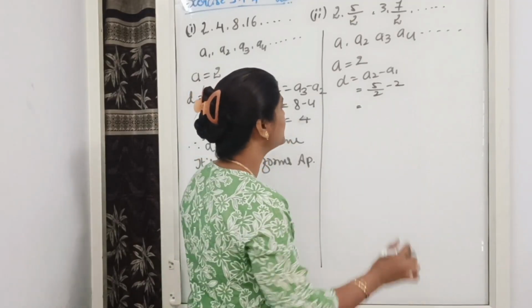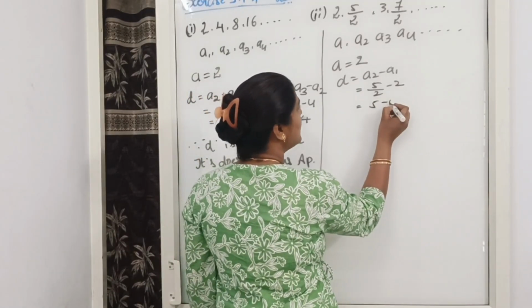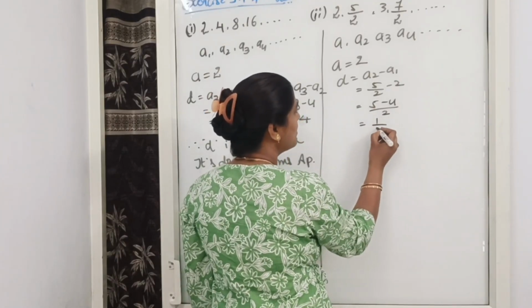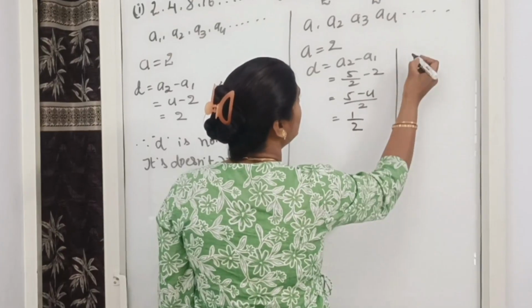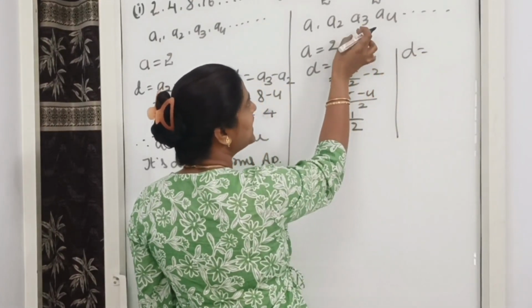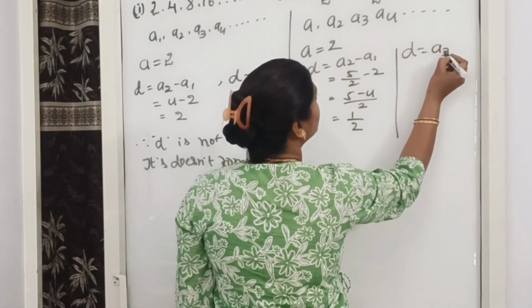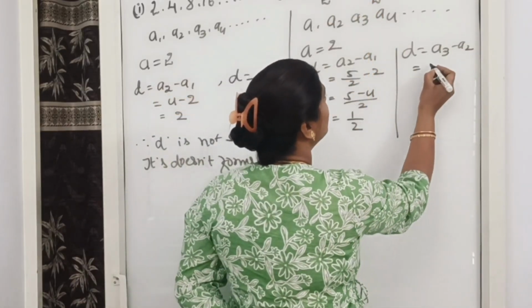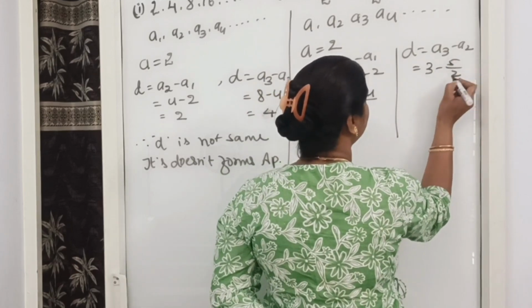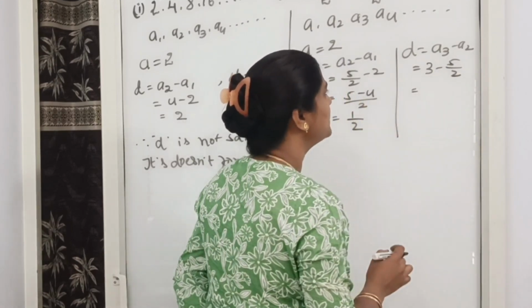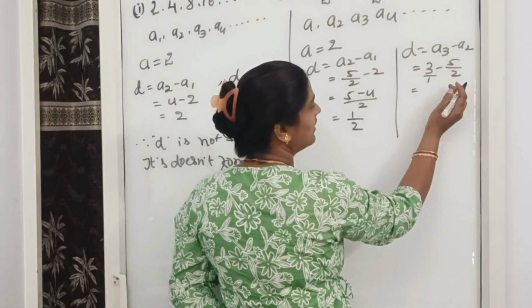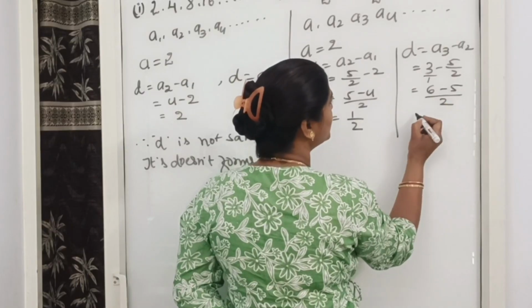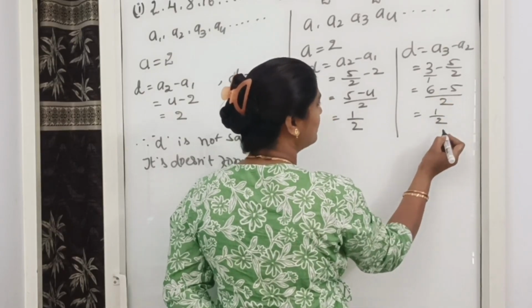Do cross multiplication. 2 twos are 4, whole divided by 2. 5 minus 4 is 1, so 1 by 2. And the next d is, the next successive terms are a3 and a2, a3 minus a2. Which is 3 minus 5 by 2. So do cross multiplication. 3 twos are 6, 5 ones are 5, 2 ones are 2. 6 minus 5 is 1 by 2.